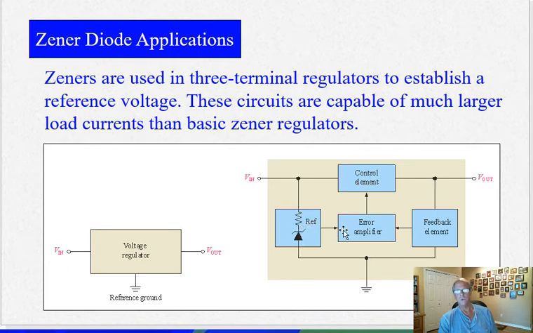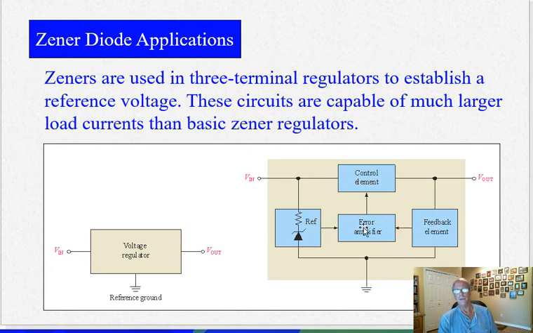So this voltage going into this error amplifier, that's what it's called, stays fairly constant regardless of what's coming in this input voltage. This error amplifier compares this reference to really what the output is through this feedback element, which is a voltage divider, a couple resistors.